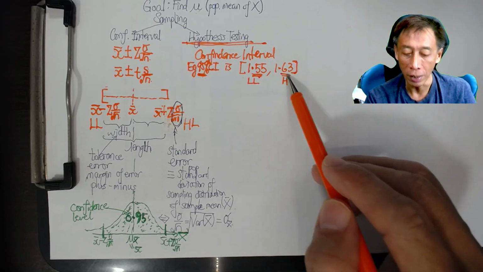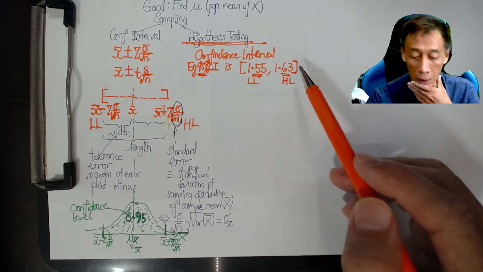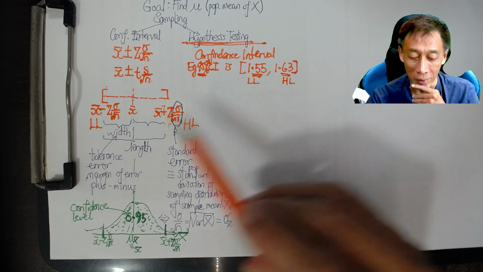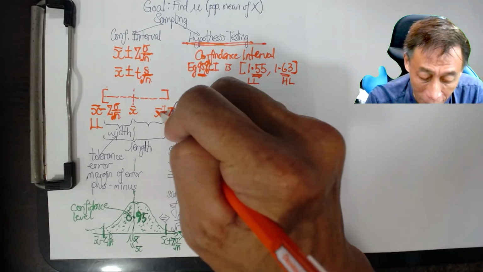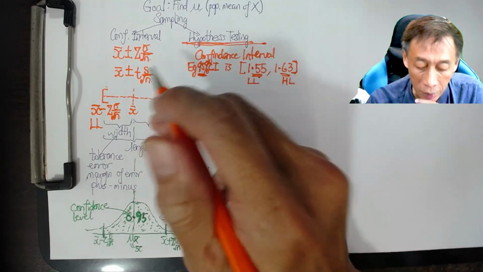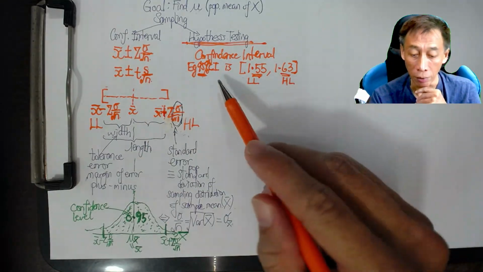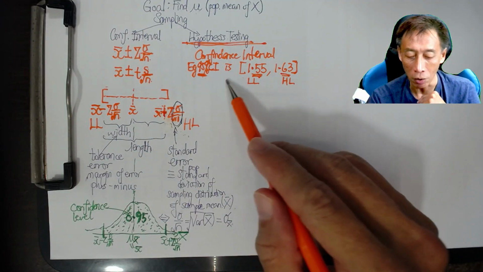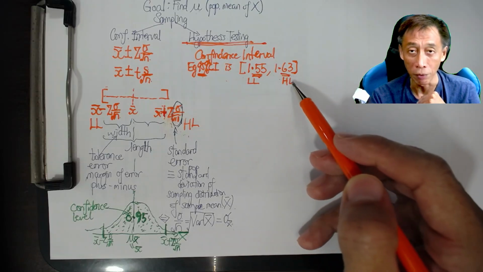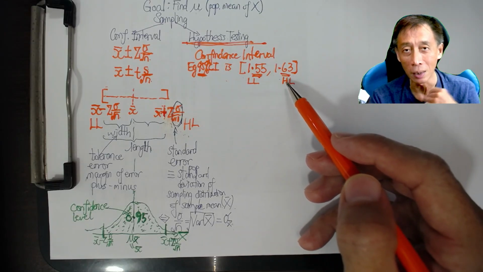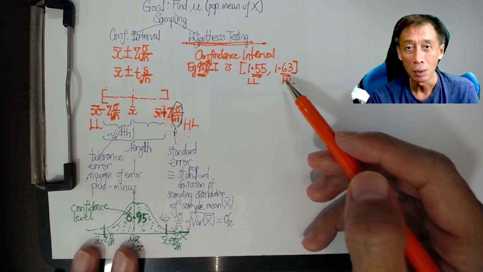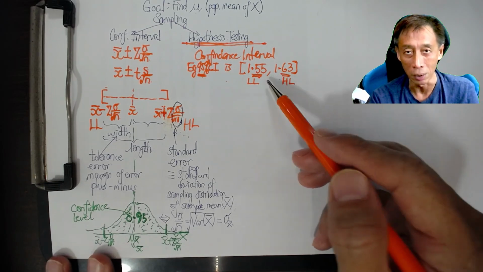from 1.55 to 1.63. Some students, because it's natural to do plus minus, do a plus first and get 1.63, then do a minus and get 1.55. Then they write the 95% confidence interval is 1.63, 1.55. Strictly speaking, the grader can mark you wrong because that's not the way we represent a range.